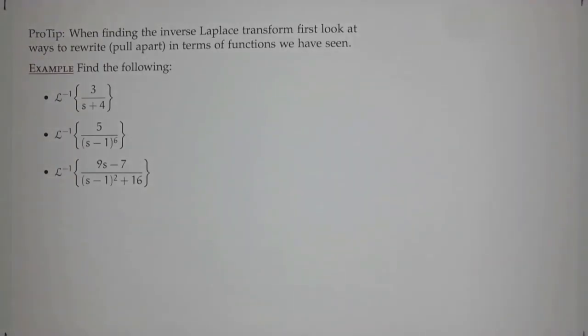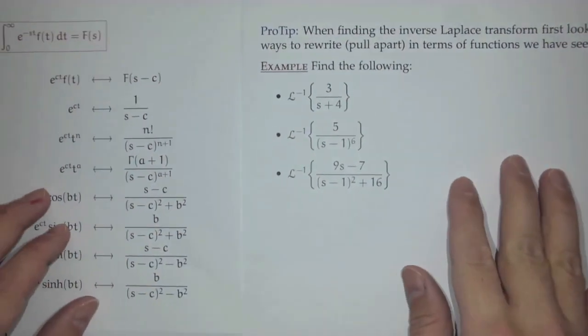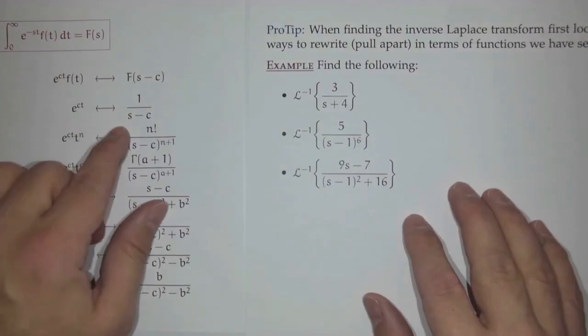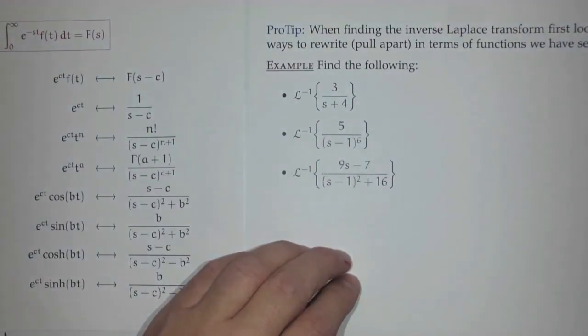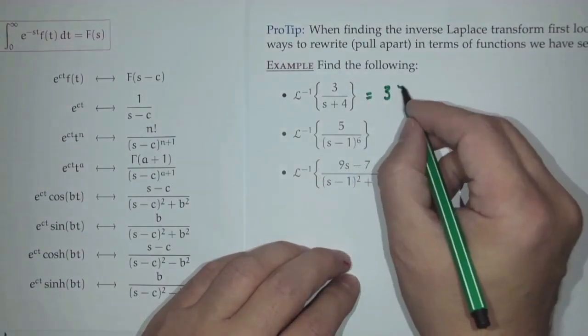So the key is, look for things that we've seen before, and keep in mind, constants are easy to move around and easy to change names. So we start with the first one. 3 over s plus 4. Does that look like anything on our table? Which one? Yeah, e to the ct. Now you might say the 3, but we don't care about the 3. Constants can be pulled out. So this is the same as pulling the 3 out.